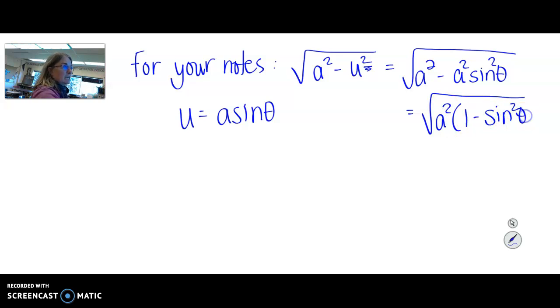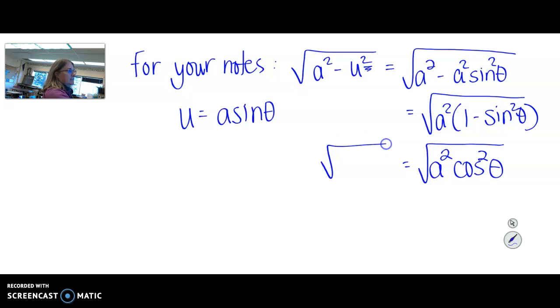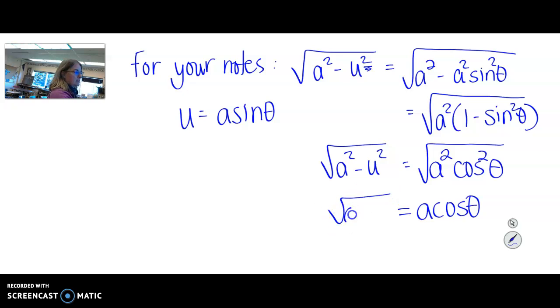Then 1 minus sine squared theta is cosine squared theta, and so the square root of a squared minus u squared is equal to a cosine of theta. We're going to use that substitution as well.